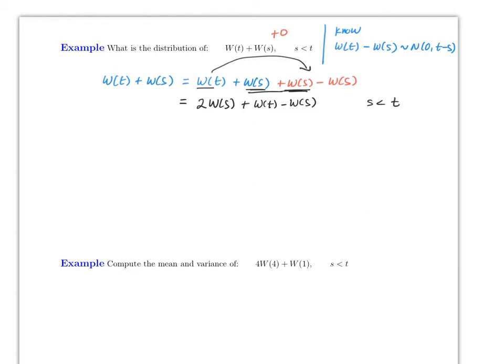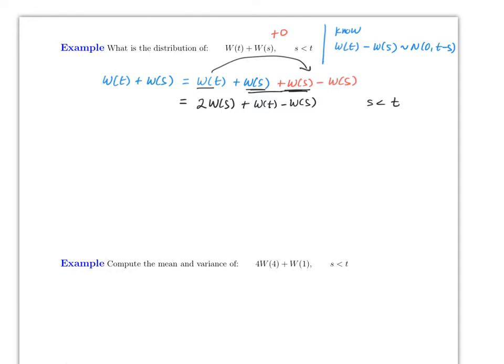Now, from a probability or statistics class you have taken before, you should remember that any time you combine normal distributions, the distribution has to be normal. The only thing that changes is the mean and the variance, or the standard deviation. So that's what we're trying to find here.